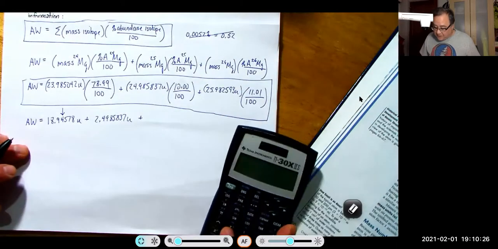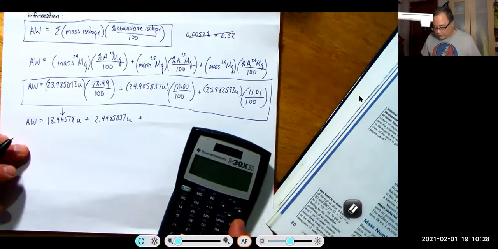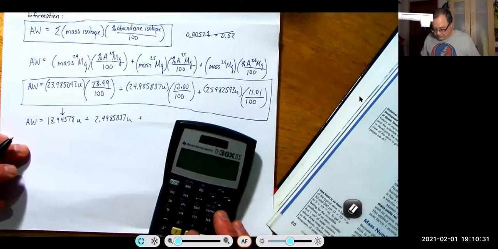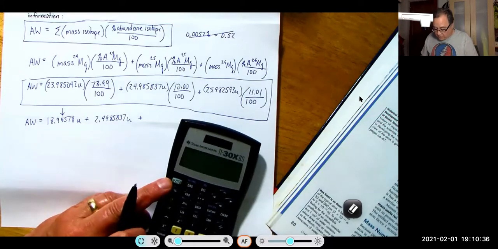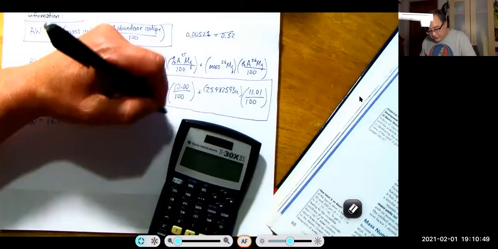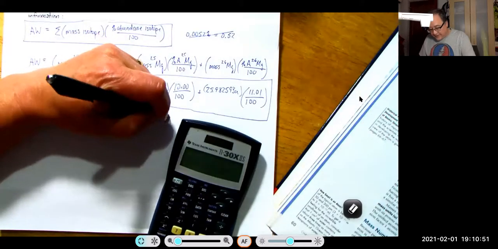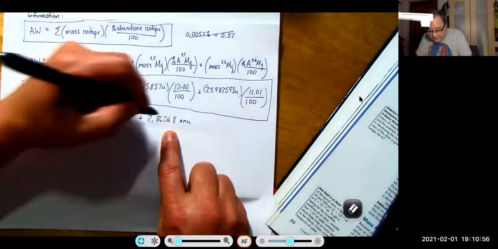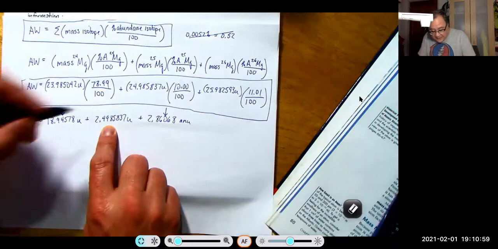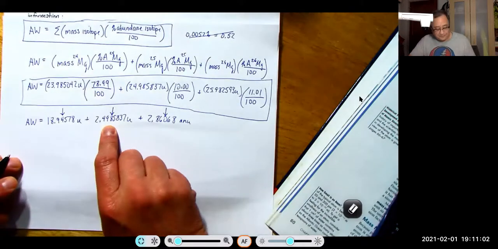I did something wrong because I got 0.286. So clearly I did something wrong. 25.982593 times 11.01 and divided by 100. That's better. 2.86068 AMU. And this also is going to have 4 significant figures, so that's good to there.